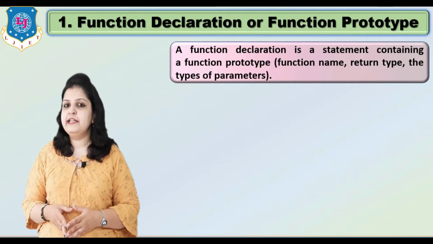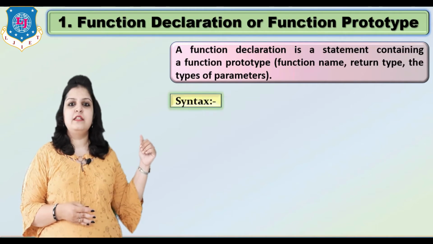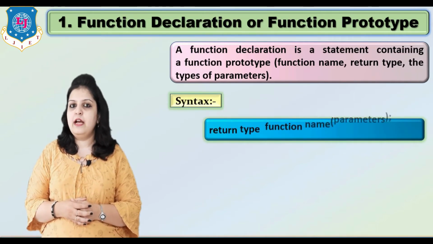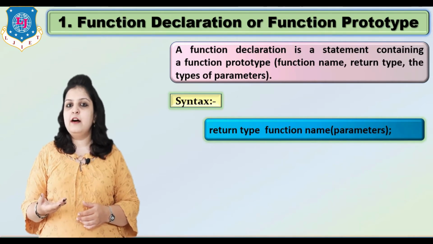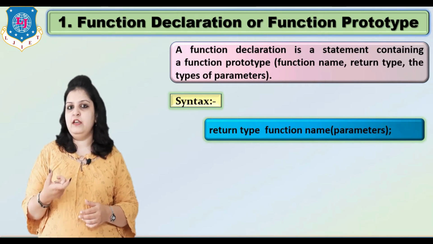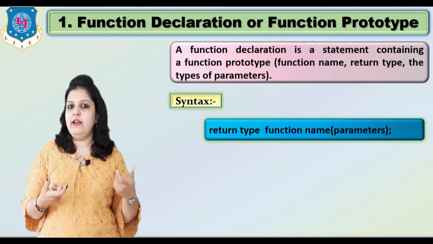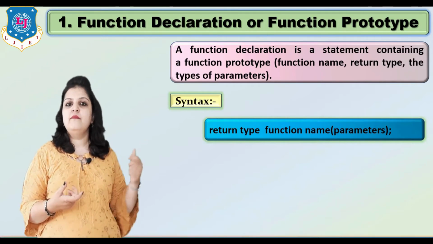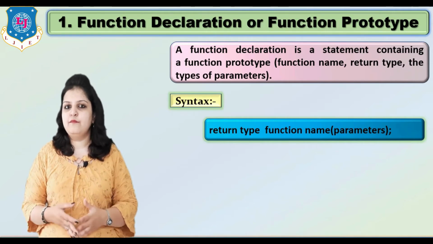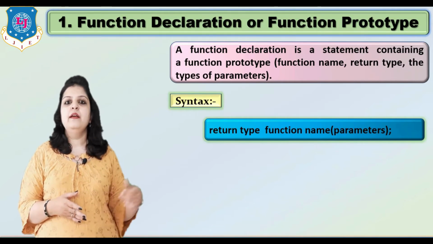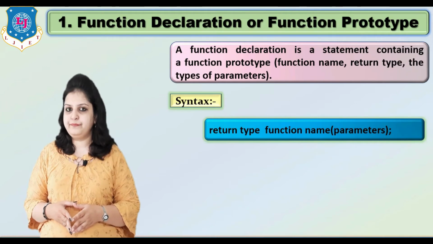And how can we declare? Just to see the syntax, first we have to write the return type, and this return type is nothing but our data type, similar to our main function. In main we are writing void as a return type. In the same way we can write here void, integer, float, double, any data type as the return type. Next is the function name.